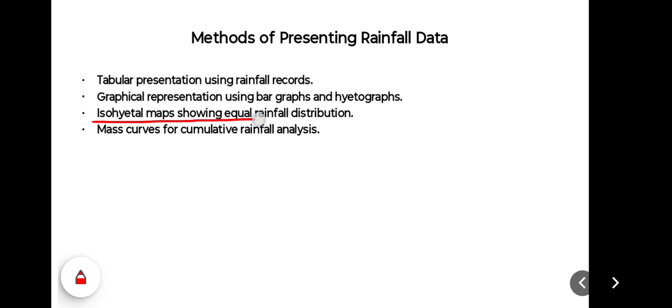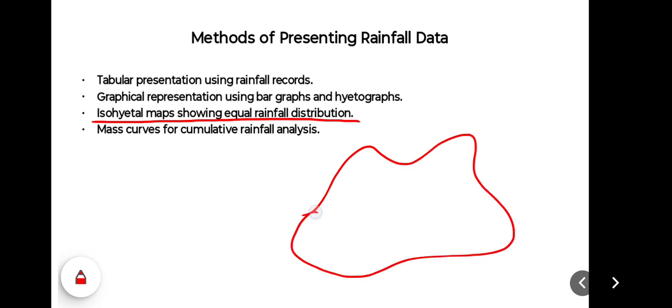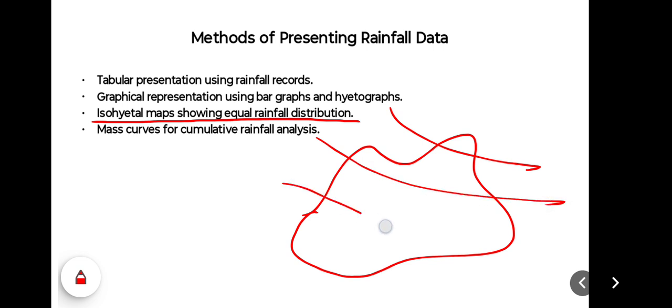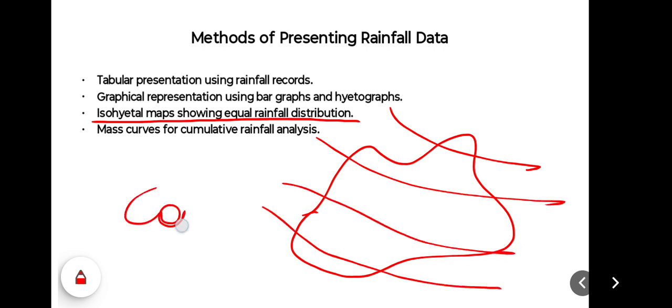and isohyetal map showing equal rainfall distribution. In the terms of isohyets as well, you can represent this. Suppose this is your area, and this type of lines are called isohyetal lines. Similarly, like contour lines, as you know, contour lines in surveying. What are contour lines? The line which joins the same elevation.